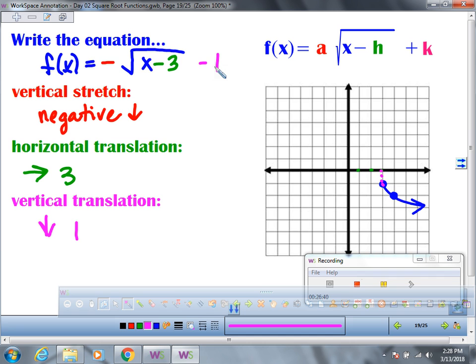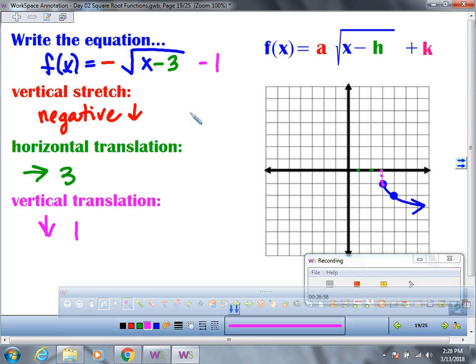If I were to put this -1 on the inside of the square root sign, it's going to be x minus 4. If you put that in Desmos. Because you could check all these on Desmos, right? Make sure you're doing them correctly. Good. All right. Why is it -1?